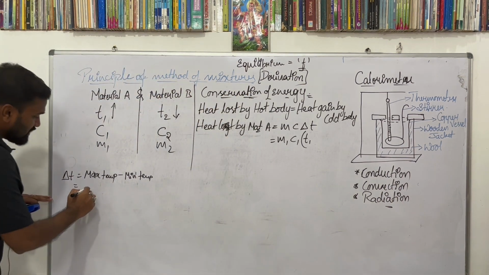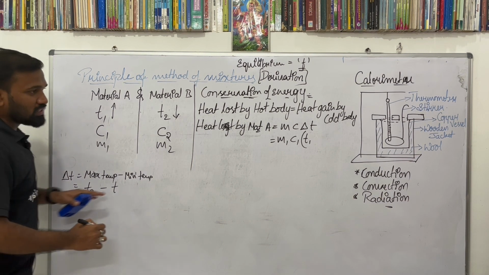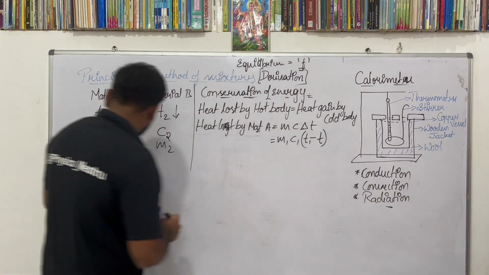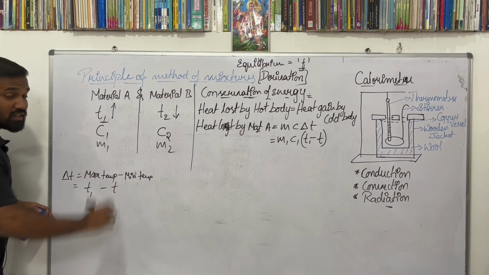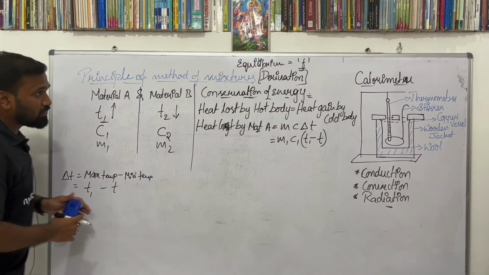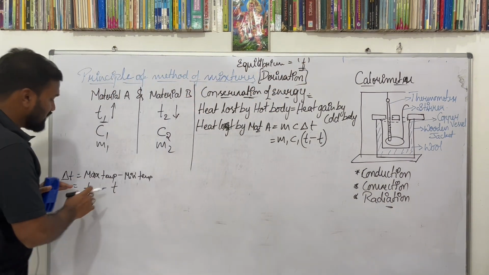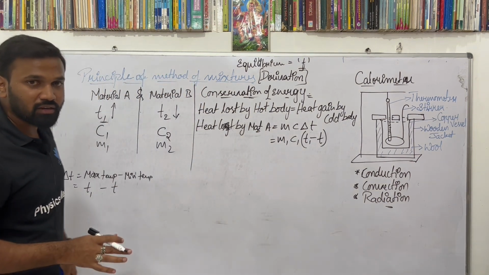So the maximum temperature is T1 and the minimum temperature it will attain is T at equilibrium. Hence the change in temperature will be T1 minus T.